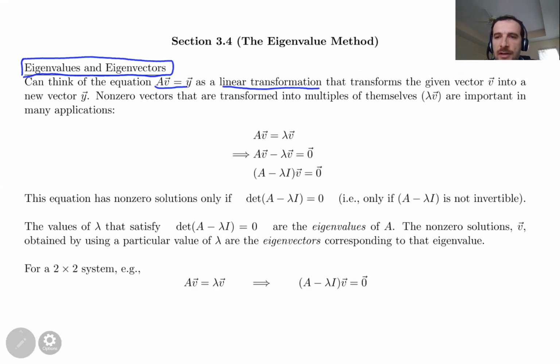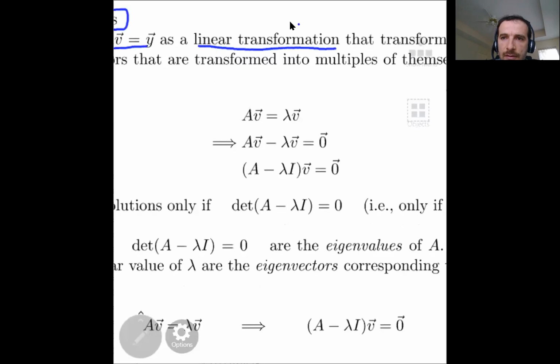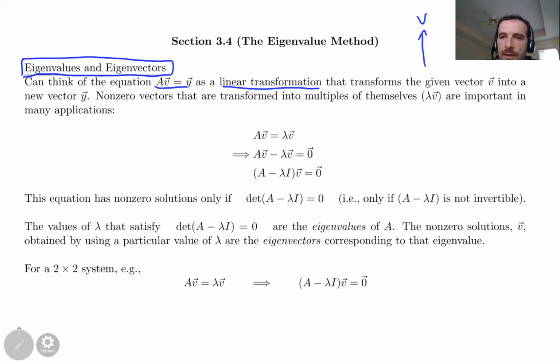But sometimes when I transform one vector, I just get a multiple of that vector. Let's say this is the v vector, and when I transform this vector, I get this vector.